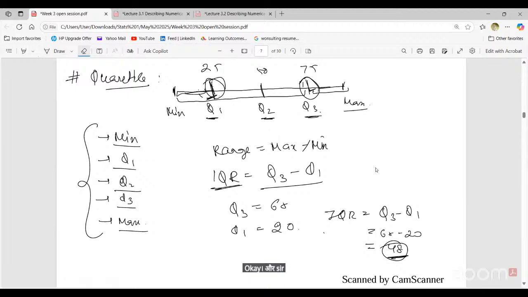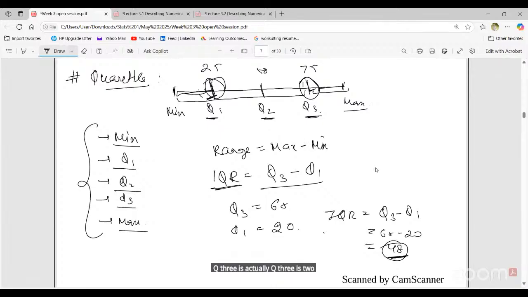270 minus 90, how did you calculate? 360 divided by 4 is 90, so that's the first part, and 270 is the third part, 90 times 3 is 270.